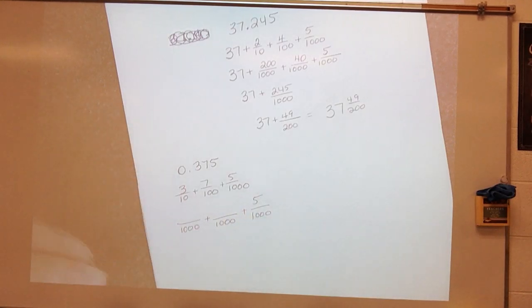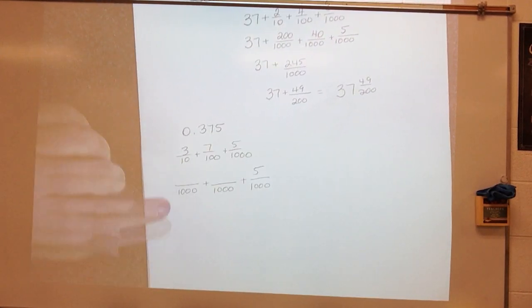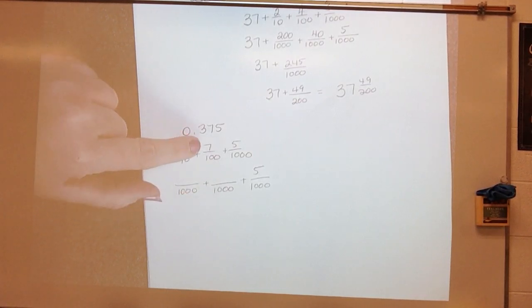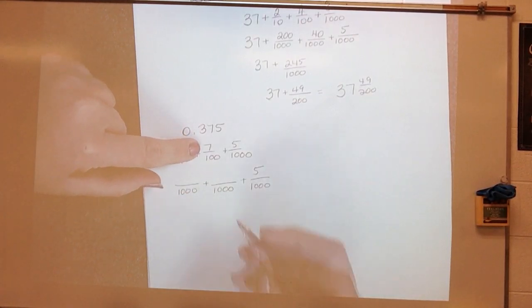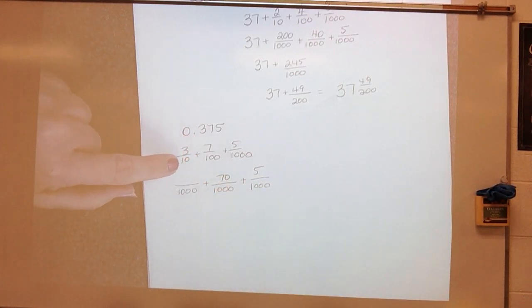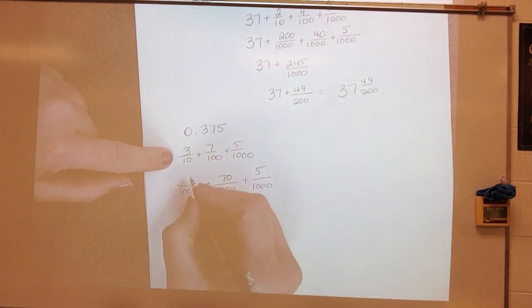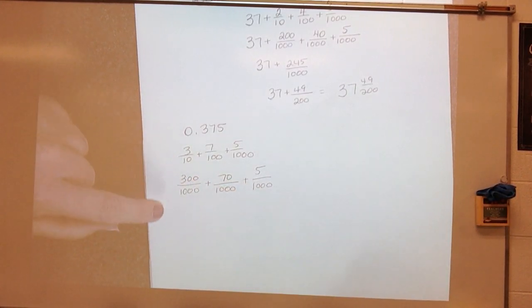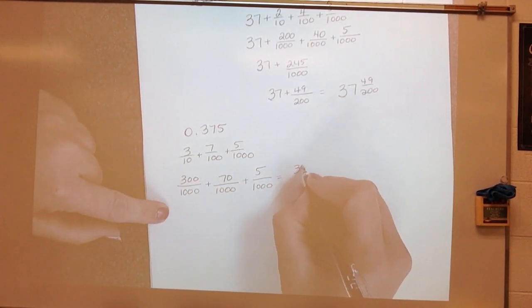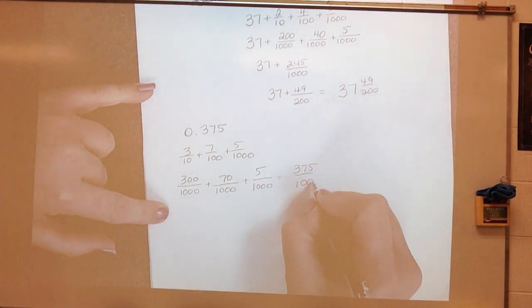This one doesn't change. I'm going to leave it. 100 goes into 1,000 10 times. 10 times 7 is 70. 10 goes into 1,000 100 times. 100 times 3 is 300. So I get 375 over 1,000.